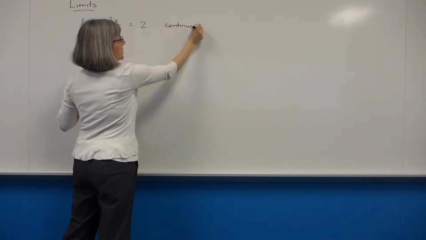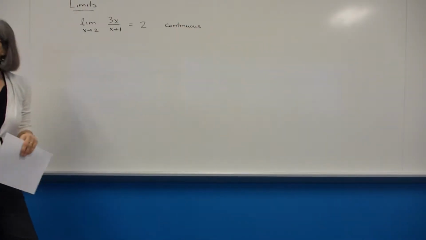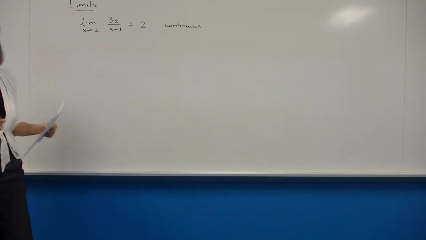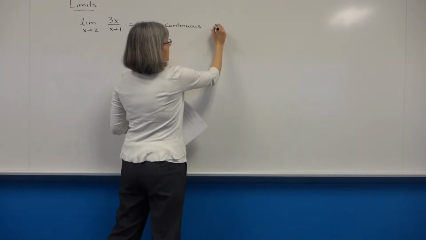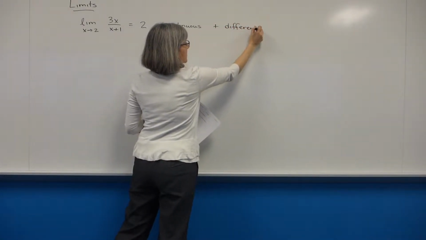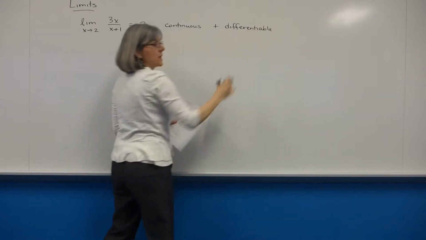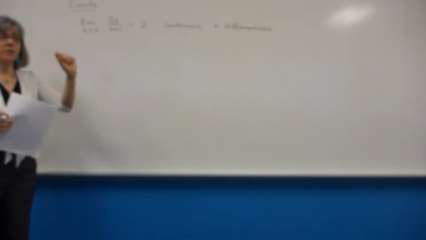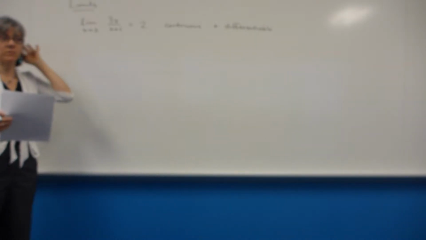There's nothing unusual about that. And we really need the graph of that to know that it's differentiable, but it's also differentiable. We don't know how to do it yet, so don't worry. We don't know how to do any derivatives except the ones that are x to the something in the numerator. That's the only one we know.